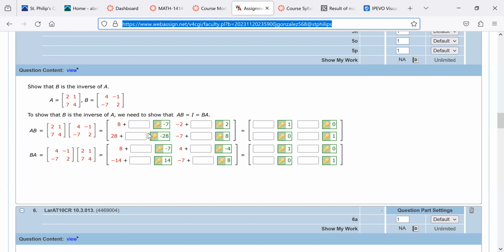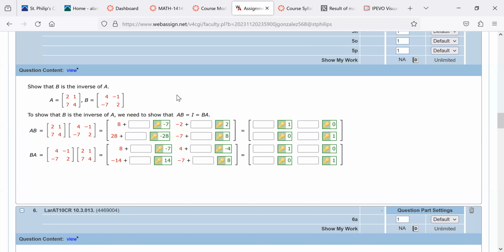Right here in the middle, they're doing the product. So the way you multiply matrices by hand is just a pattern.